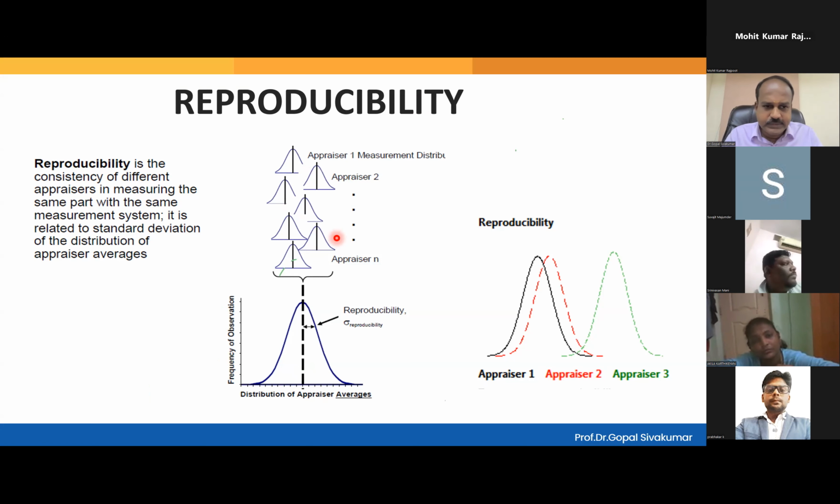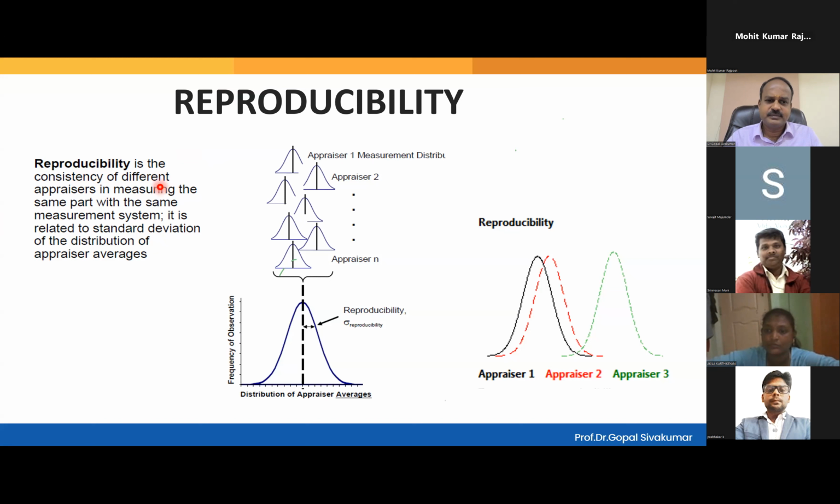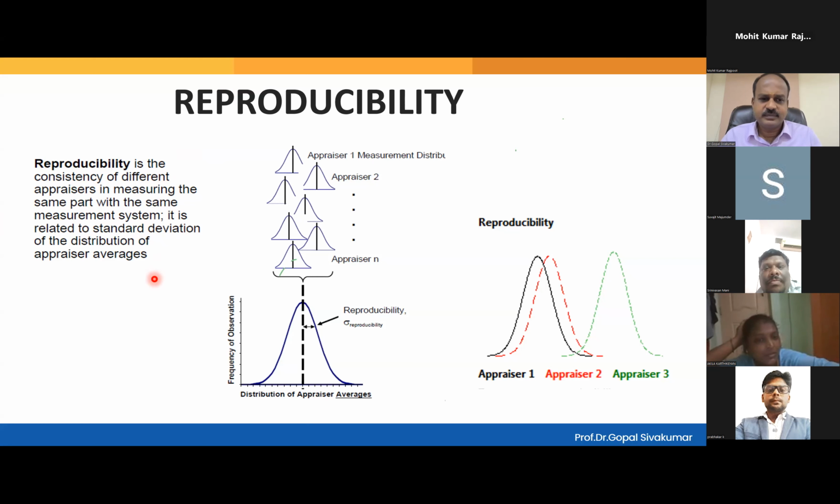So now again, one more participant, can you read the definition of reproducibility here? Who can read well? Reproducibility is the consistency of different appraisers in measuring the same part with the same measurement system. It is related to the standard deviation of the distribution of appraiser averages.